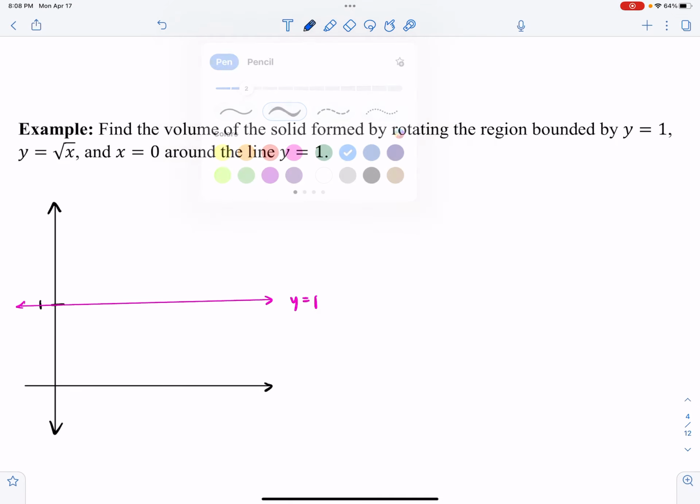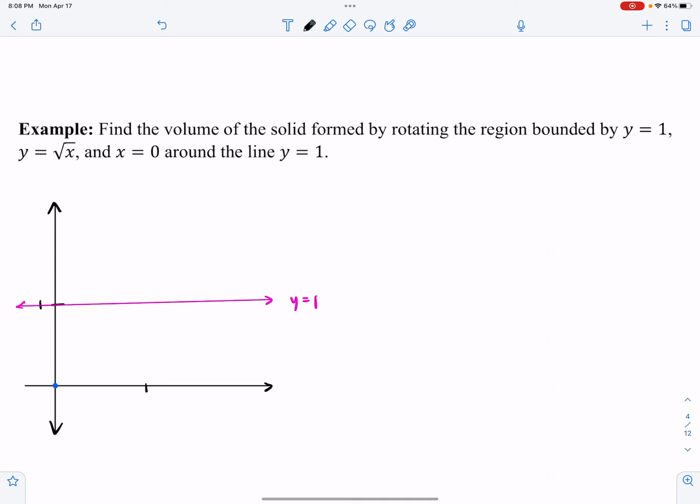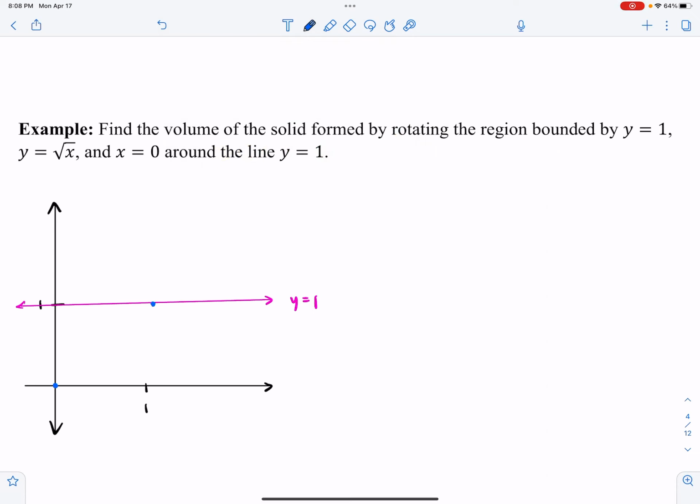And then we're still using the square root of x, and x equals 0, which is the y-axis. So this is our region now that's being rotated around the horizontal line y equals 1.